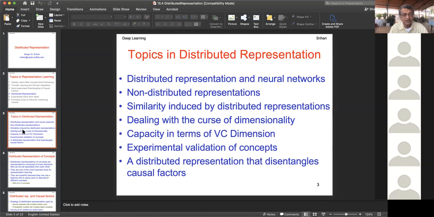That is, can we show faces of people and learn the underlying factors, which is whether people are wearing glasses or not, or the people are male or female, and how these kinds of causal factors play a role in distributed representation. And finally, look at a distributed representation that disentangles causal factors.